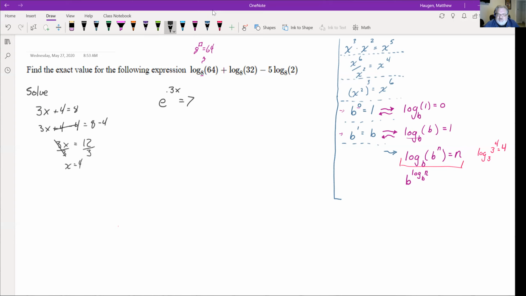We're going to take the natural log, since the natural log of e to a power and the natural log of 7, those will undo each other. It won't happen naturally. We will do it on purpose, just like we invoke the inverse operation of everything else, so we can solve.